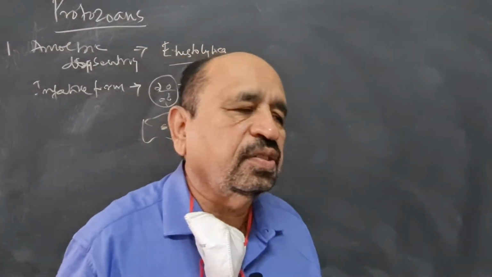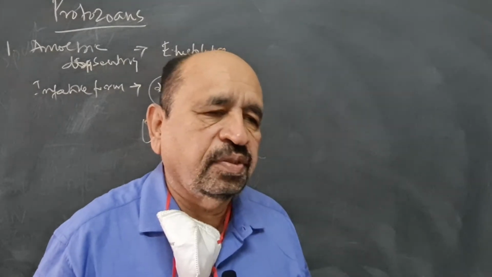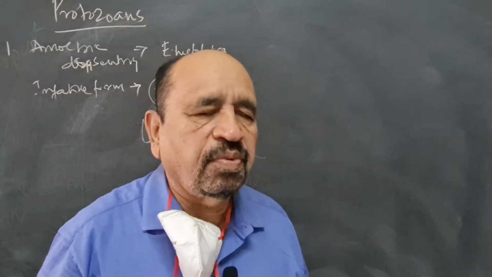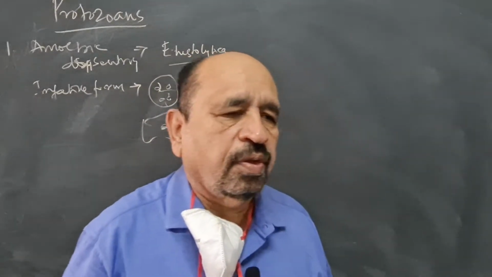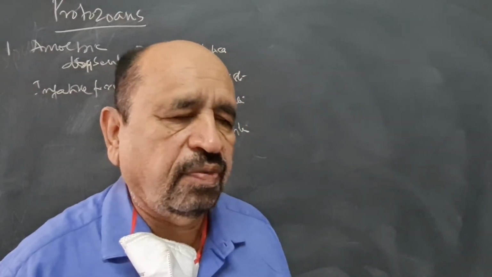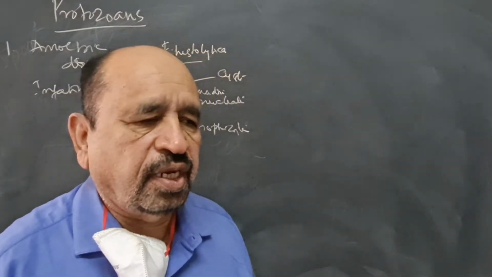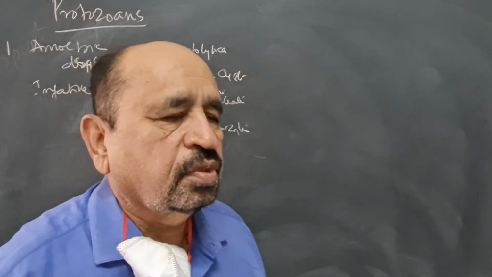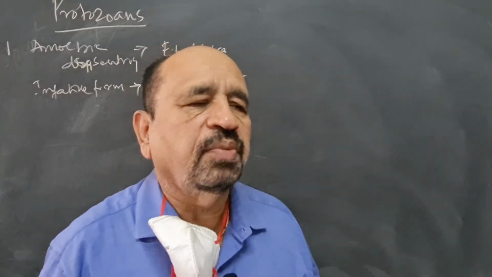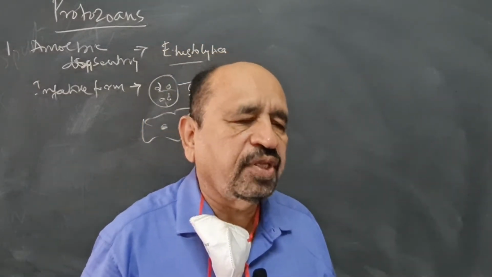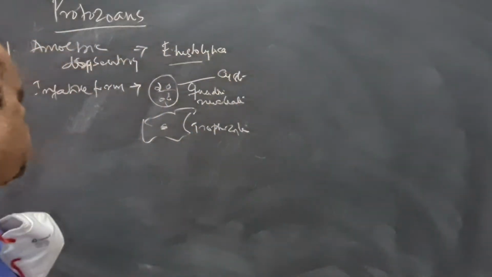Where does it go and inhabit? Not the liver. Liver is an extraintestinal manifestation. In the human body, the habitat of this parasite is the descending colon, especially the sigmoid colon.